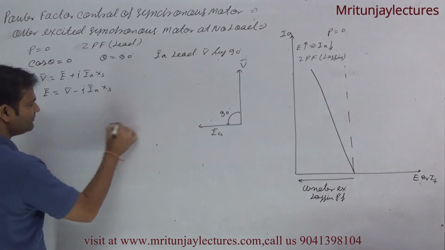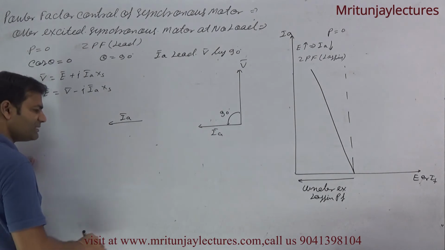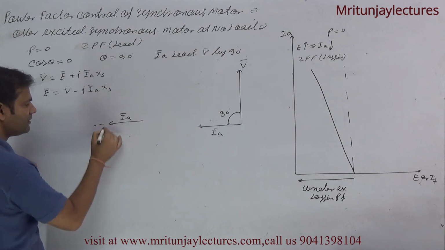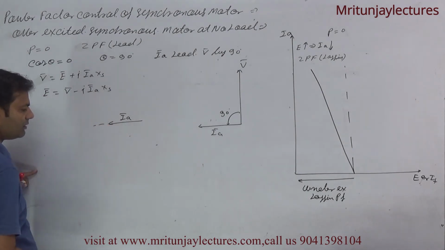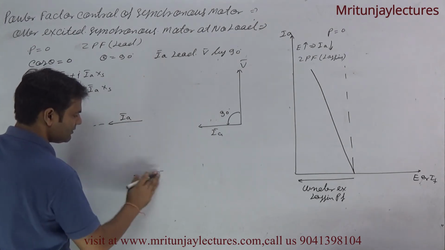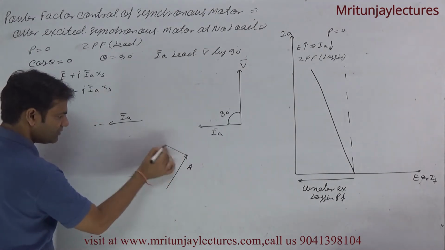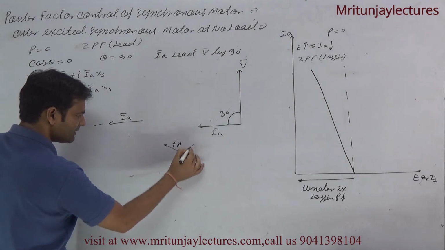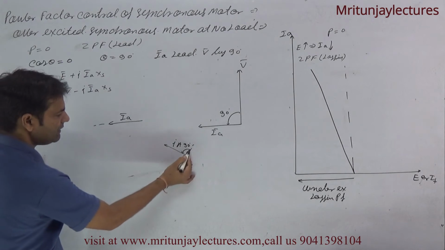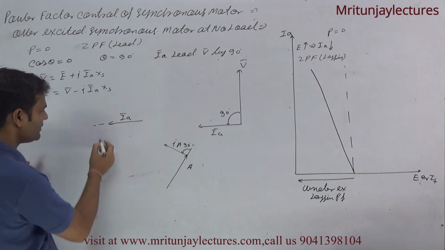If this one is IA, and multiplying by J means 90 degree anti-clockwise rotation.